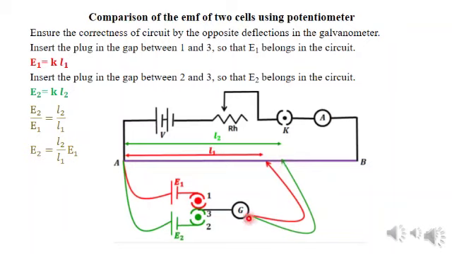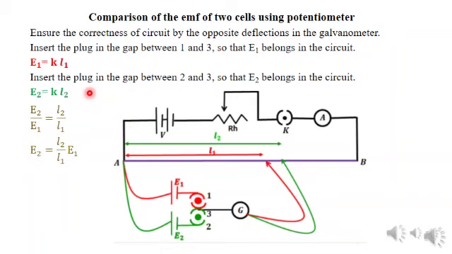After getting null deflection, measure the length from end A to that point, which we take as L2. Again, according to the relation between EMF and balancing length, we can write E2 equal to K into L2.